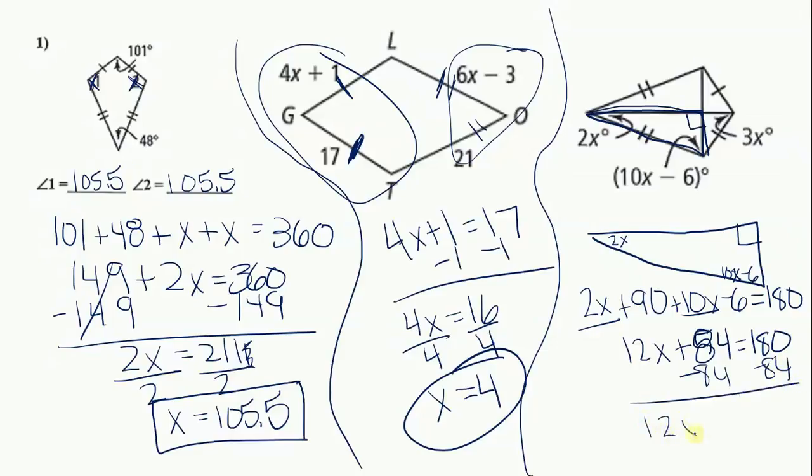So I'll get 12x equals 96. Divide by 12. So I get x equals 8 for an answer.